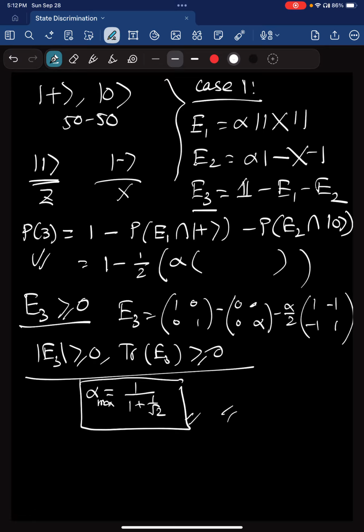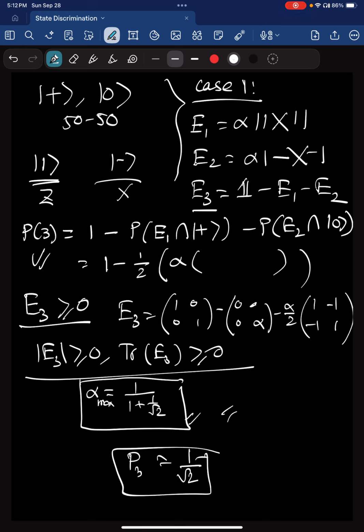And what was in this case? You can also calculate the P3 here, and you can actually see that the P3, the probability that you cannot distinguish the states, is just 1 by root 2 here.